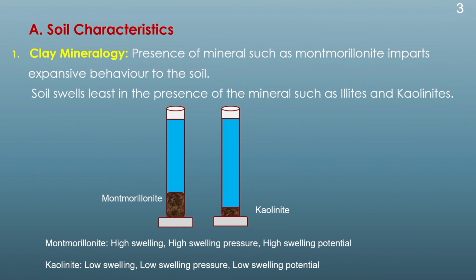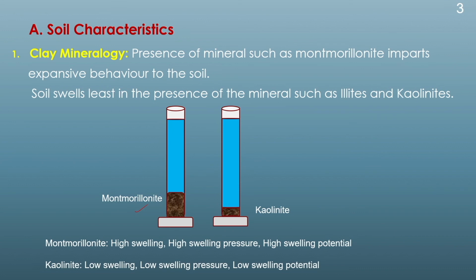In the soil characteristics, the first factor is the clay mineralogy. The clay mineralogy is one of the most important factors which control the swelling behavior of an expansive soil. We have already learned that there are different types of clay minerals available. Those minerals can be montmorillonite, kaolinite, and illite, and not all these minerals have a swelling tendency. For example, montmorillonite swells to a higher value, whereas kaolinite swells to the least value.